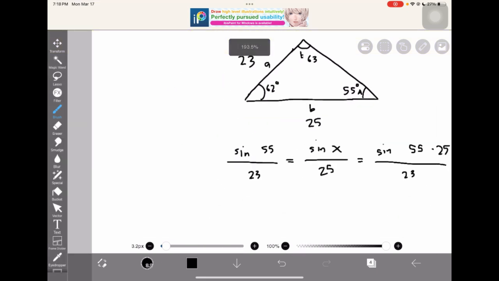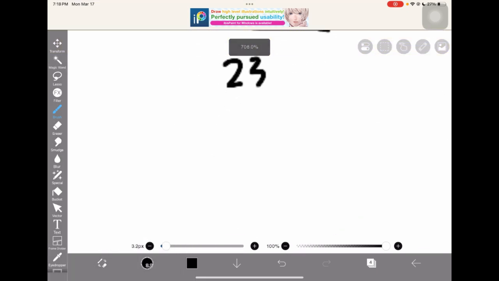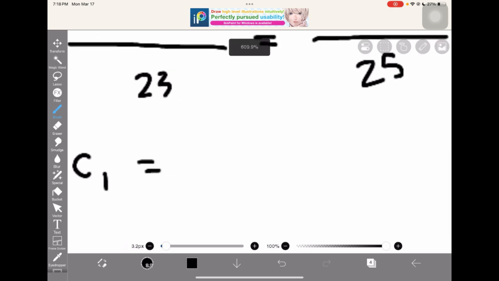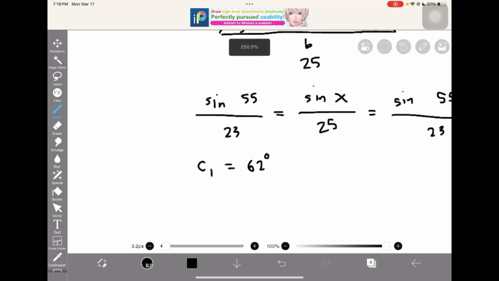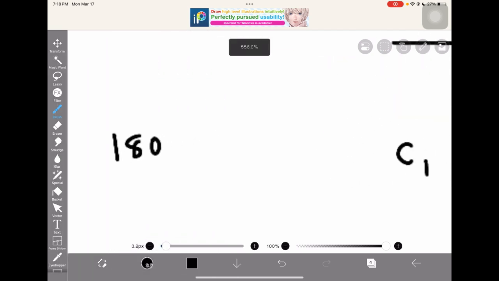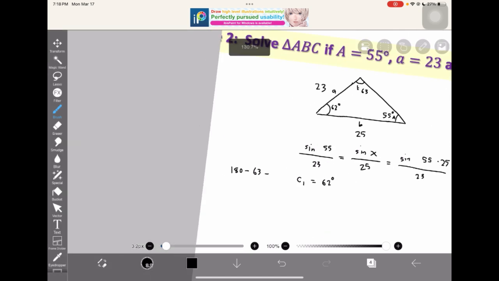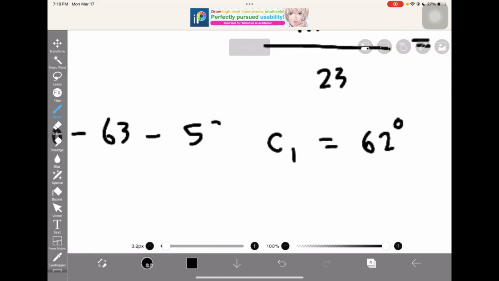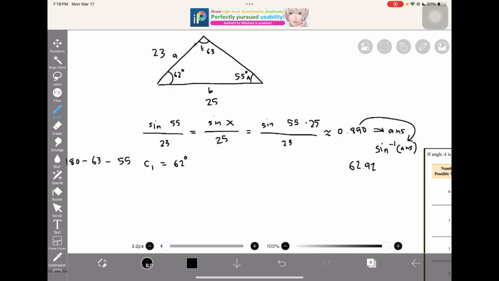Well, we did 180 minus 63 minus 55. And that is 62.